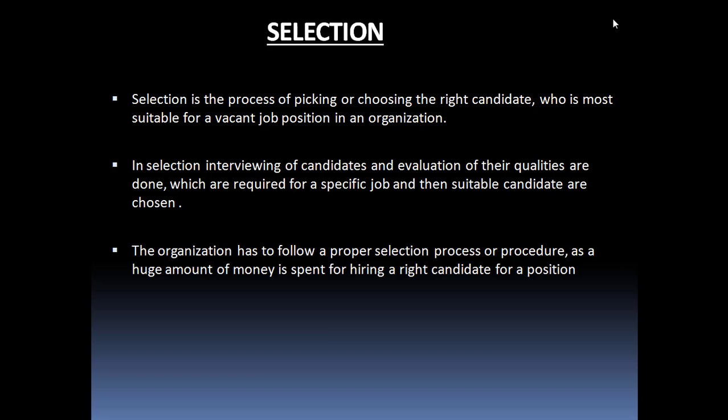So during recruitment, whoever has applied for the vacant position, from those potential candidates only, selection is being done. In selection, interviewing of candidates and their evaluation, that is the evaluation of qualities of the candidate which are required for a specific job, is done, and then from there the most suitable one is chosen, right?